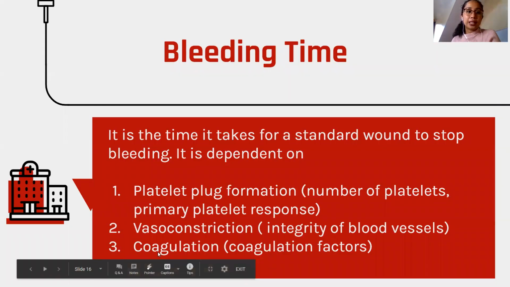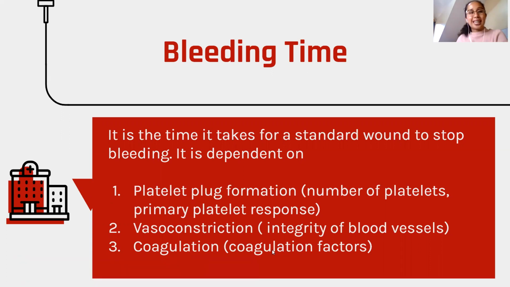Next, guys, is bleeding time. Alam ko, experiment for photo, pero class, magkasama kasi. So it is the time it takes for a standard wound to stop bleeding. We inflict a small wound, an incision, on our patient using our lancet. Tapos class, we will time how long it would bleed or how short the time is before it stops bleeding.